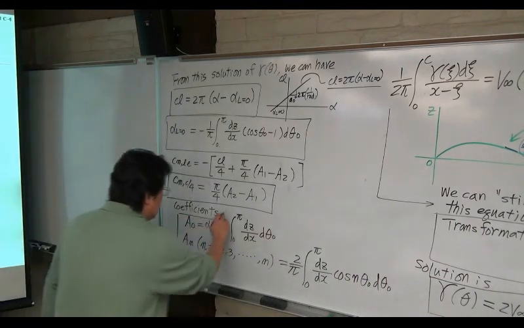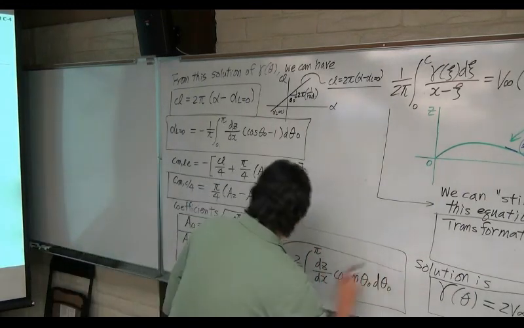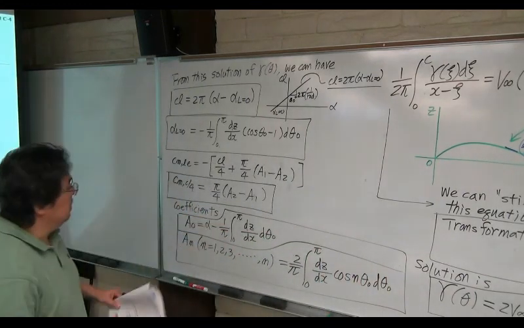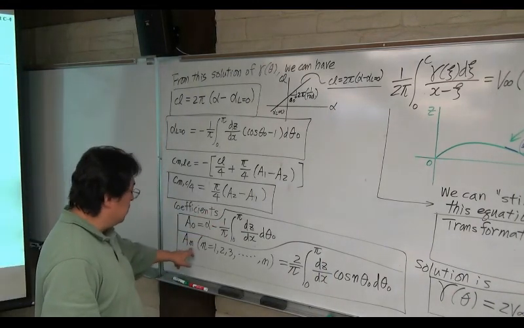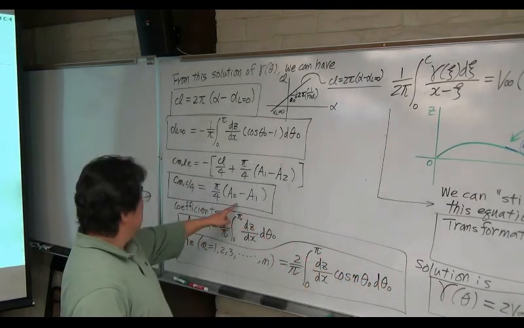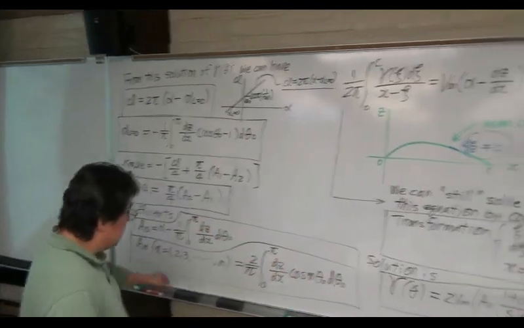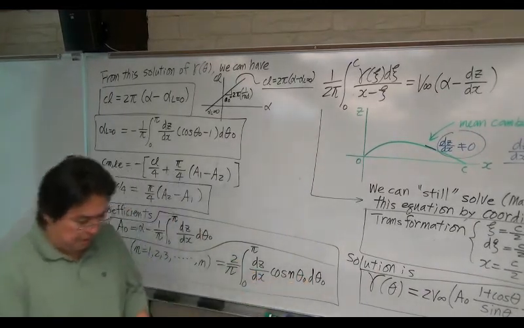So those are the coefficients A0, A1, A2, A3, but what you need is probably A2 and A1. So coefficient A2 is plugging n equal to 2: cosine 2 theta 0 d theta 0. A1 is plugging n equal to 1, so 2 over pi dz/dx cosine theta 0 d theta 0.